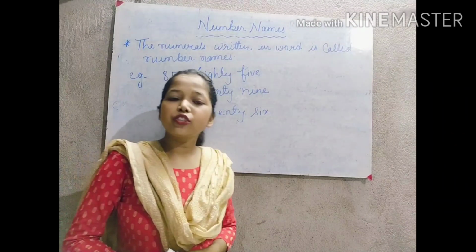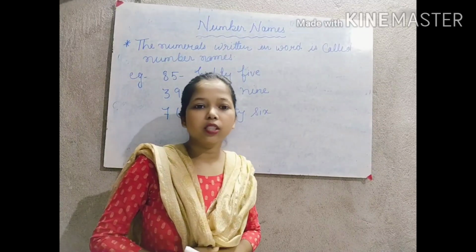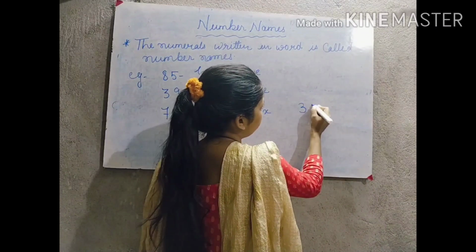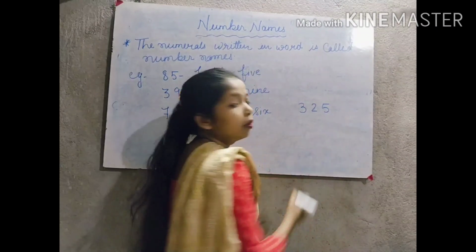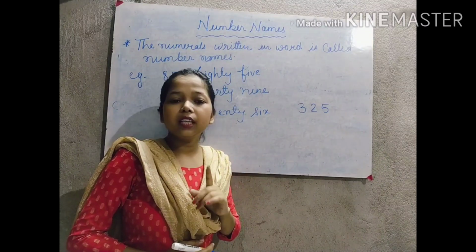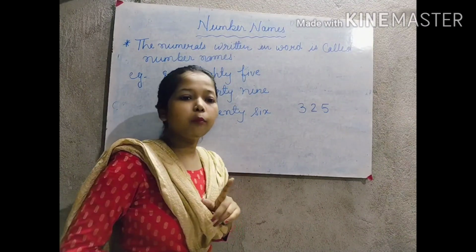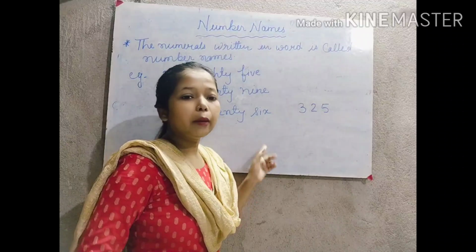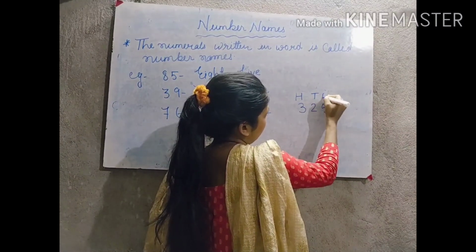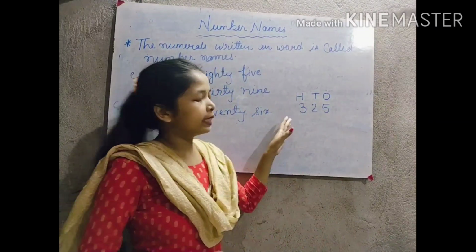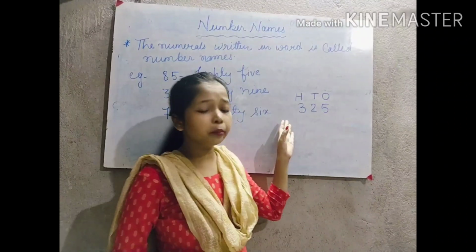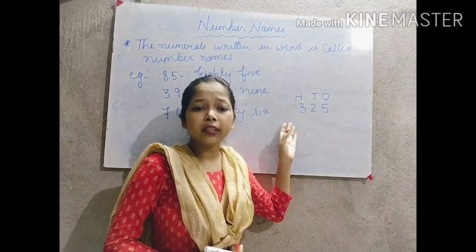Now children, I will tell you how to write 3-digit numbers. So we will have a number 325. We will have a 3-digit number 325. First we will write the place value of each digit on the top of the number. Hundreds, tens, ones. See the number?